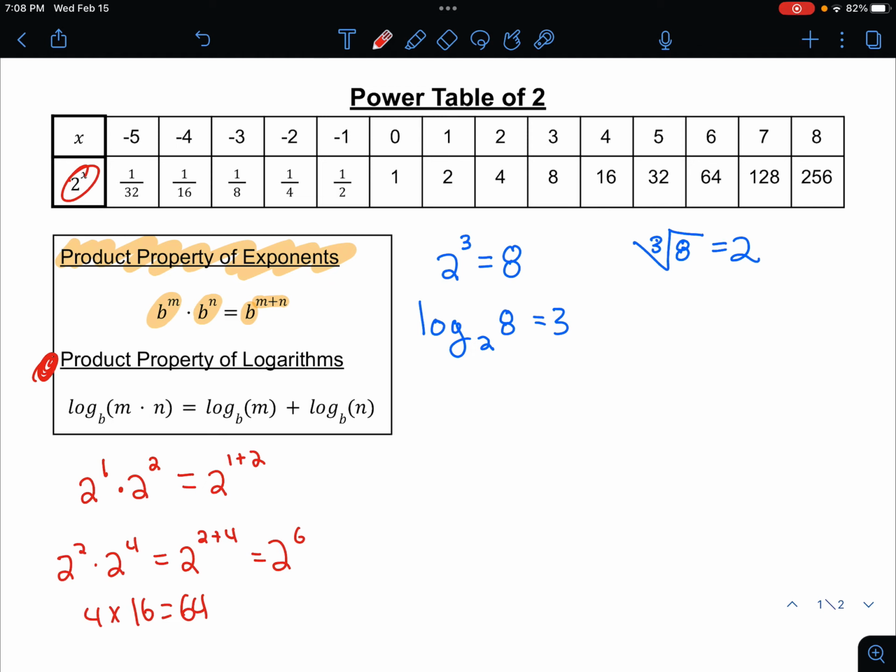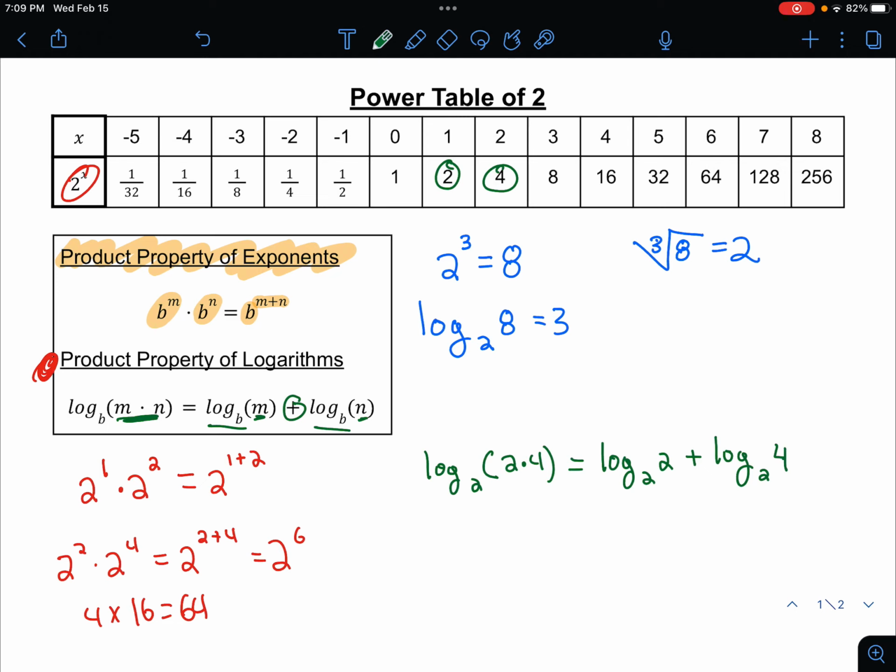What I mean by this is if we have log base 2 of, say, 2 times 4, well, our product property of logarithms tells us whatever's being multiplied inside the logarithm, we can split and add log base b of those different things. So this is equal to log base 2 of 2 plus log base 2 of 4.